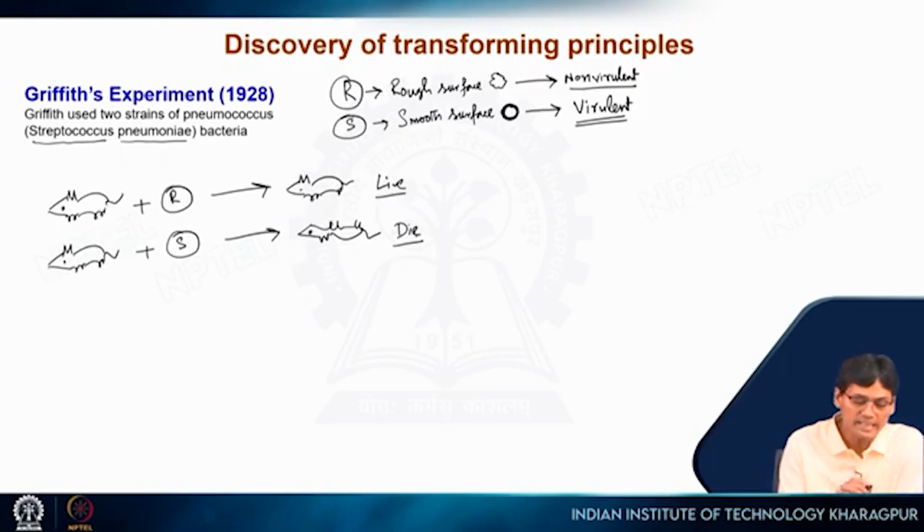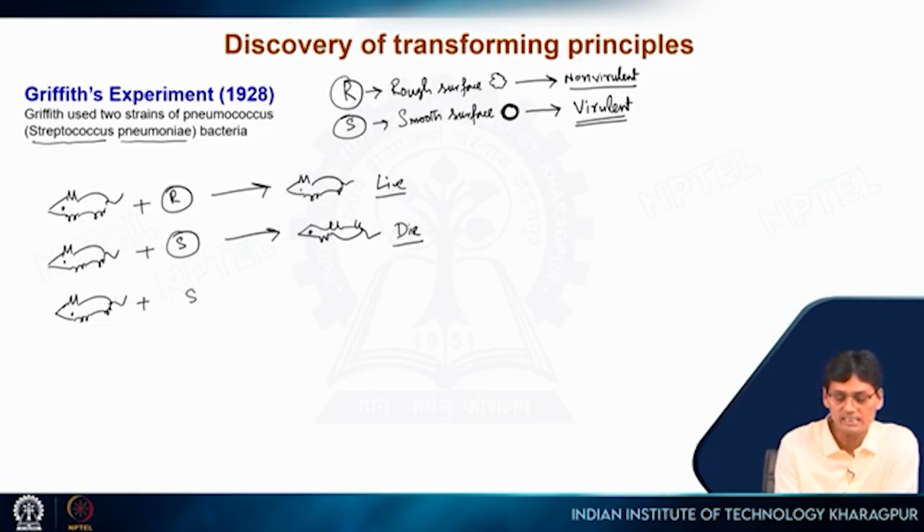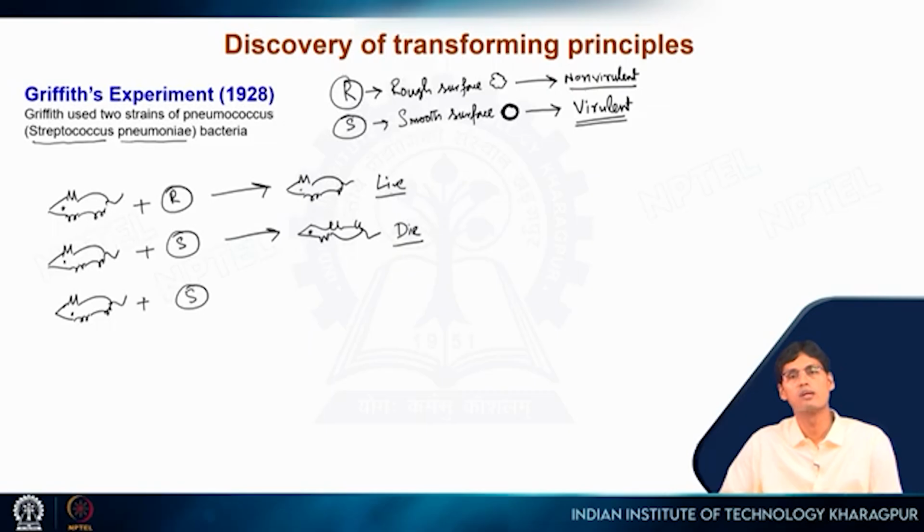But in the next interesting experiment, he again injected the S strain of bacteria, but it was heat killed. That means he just boiled the bacteria, like in a pressure cooker or some kind of autoclave.